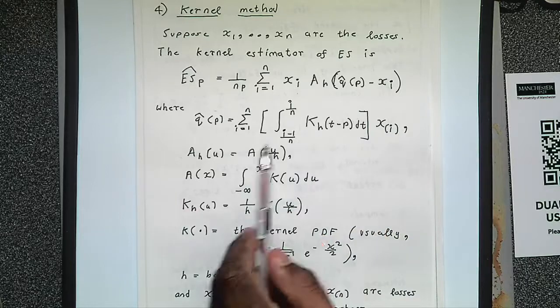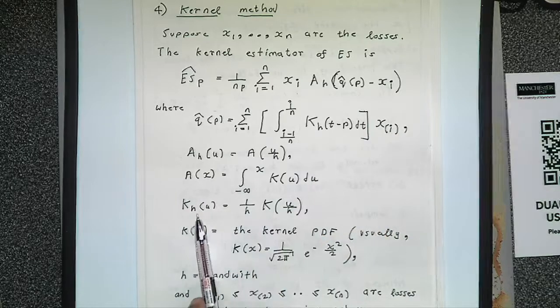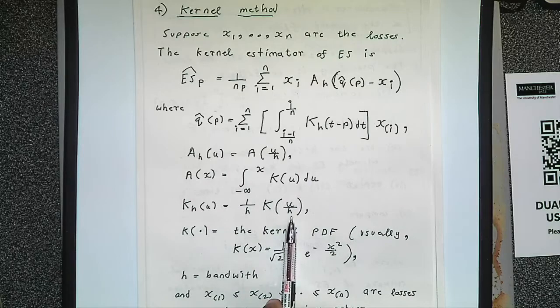And K_h is given by this formula, where h is the bandwidth. As I explained last week, h controls the smoothness of the estimator. If h is small, it will be zigzaggy, meaning that it's not so smooth. Whereas if h becomes larger and larger, it will become more and more smooth, right?